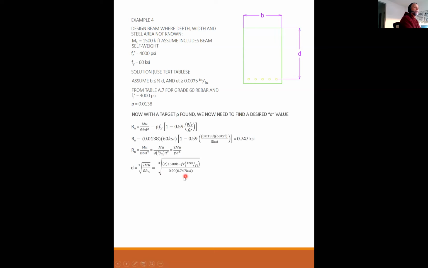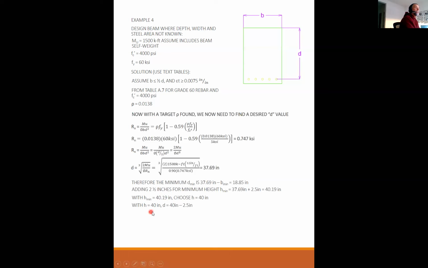I can plug in my values, don't forget the 12, and I get a D required of 37.69. Therefore, my minimum D is 37.69. My B minimum is 18.85 inches. Adding 2.5 for the minimum height, I get 40.19 inches. With 40.19, I'm going to choose H equal to 40. It's so close. Let's see if we can make it work.